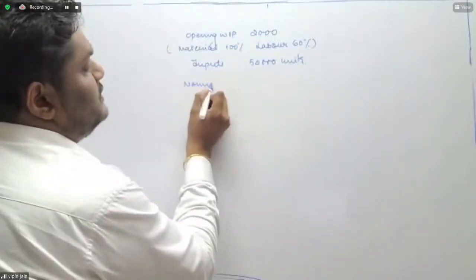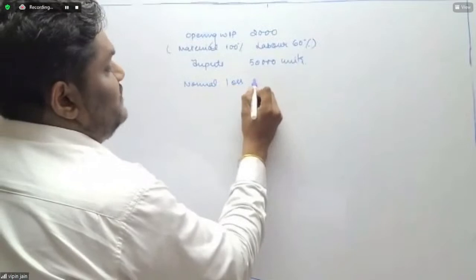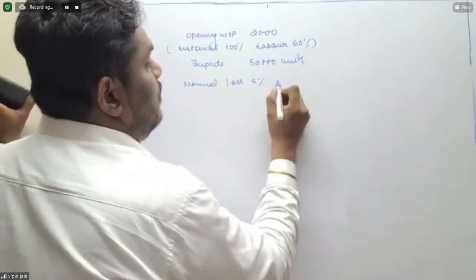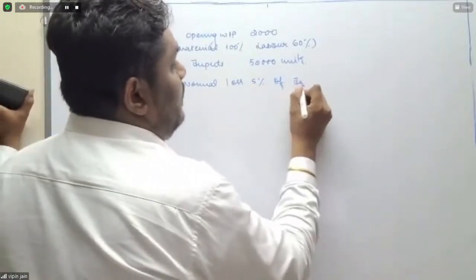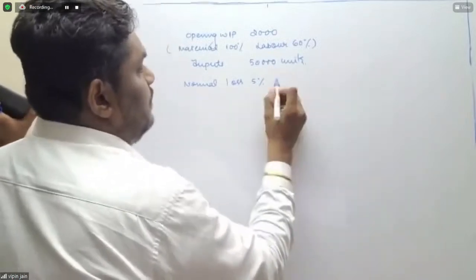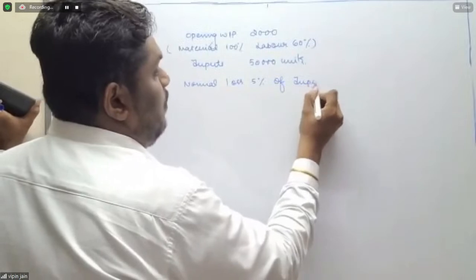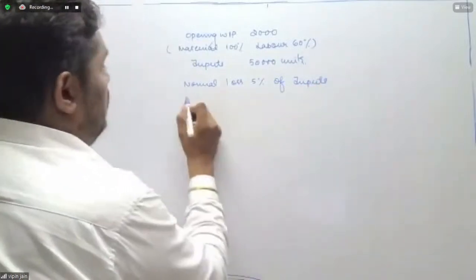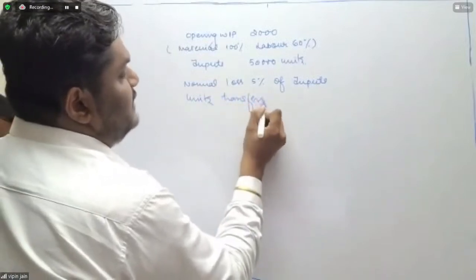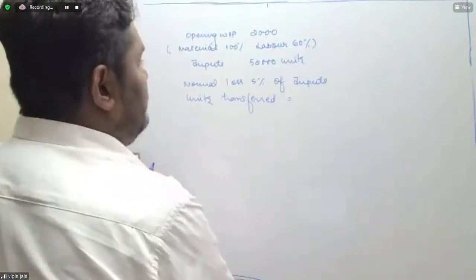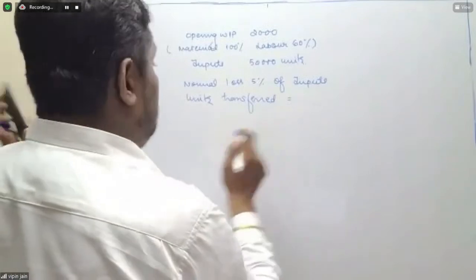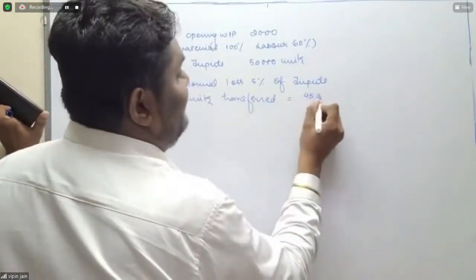Let's say normal loss is 5% of inputs. Units transferred to the next process is, let's say, 45,000.